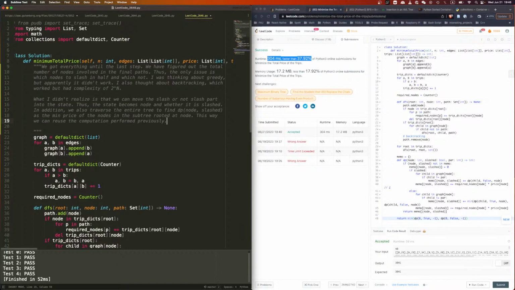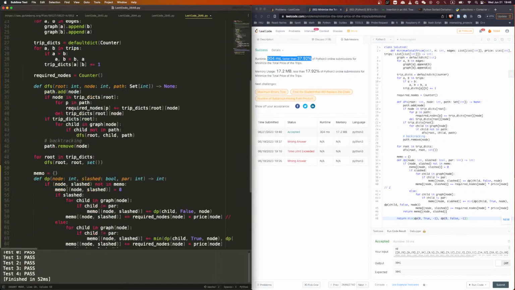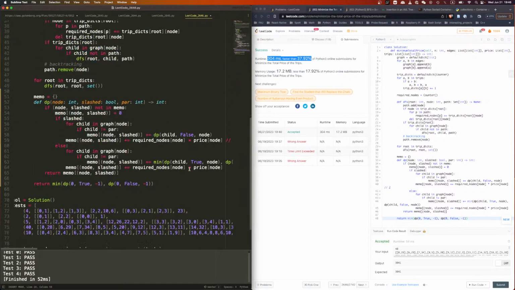If you take, you have something; you don't take, you have something. Here is the same, right? But the thing is, one of them reduces. The total number of states is just the number of nodes multiplied by slash.